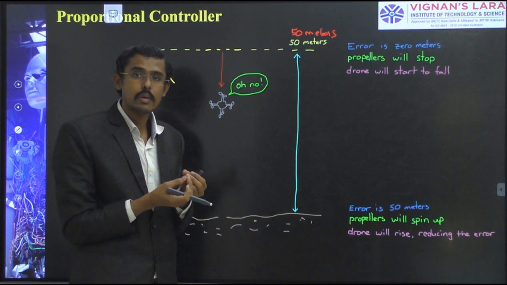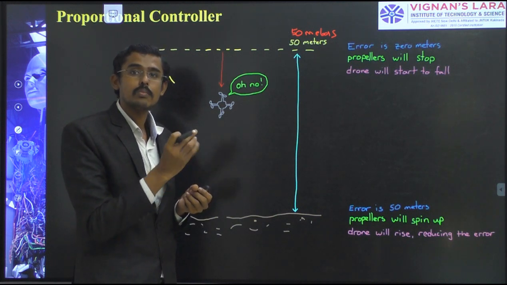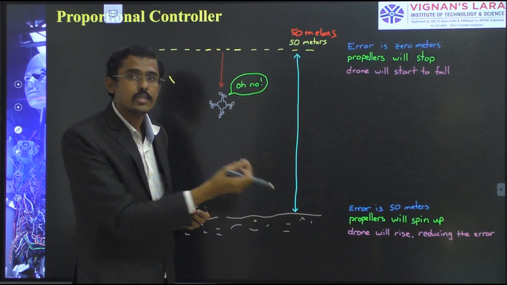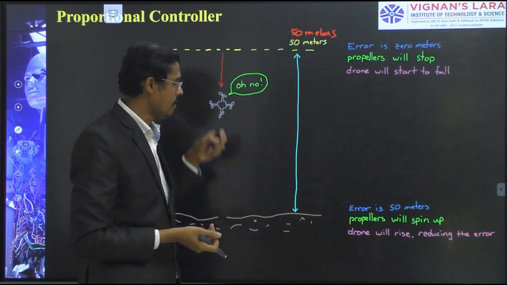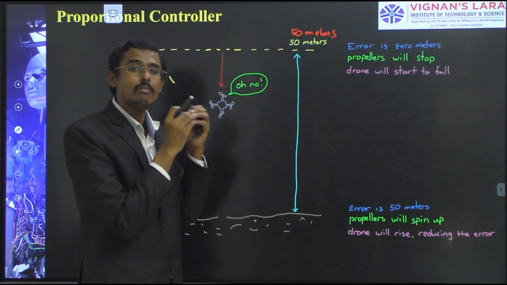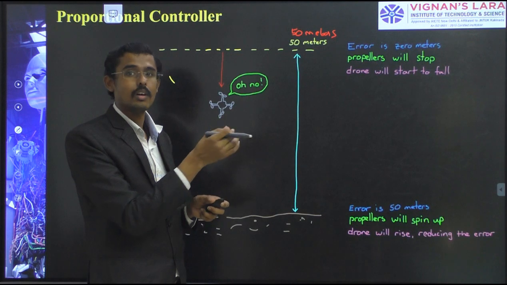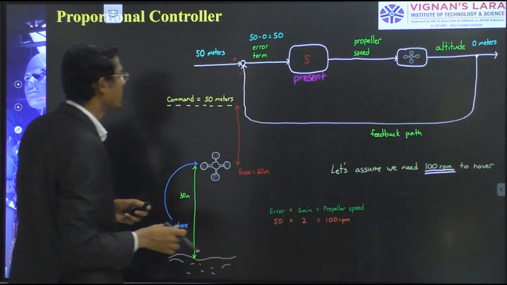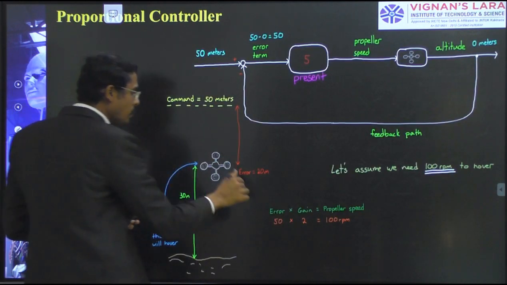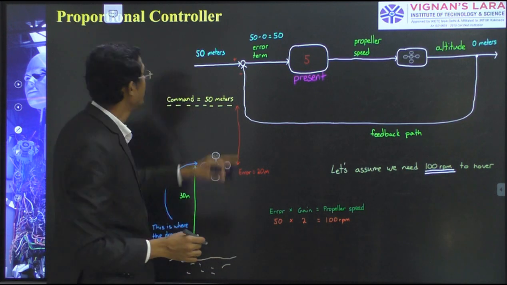We have to do proportional planning in revolutions per minute, at what speed it is to be. I have given the error to be maintained at 0, not in distance forward. First I give 50 meters to be reached.